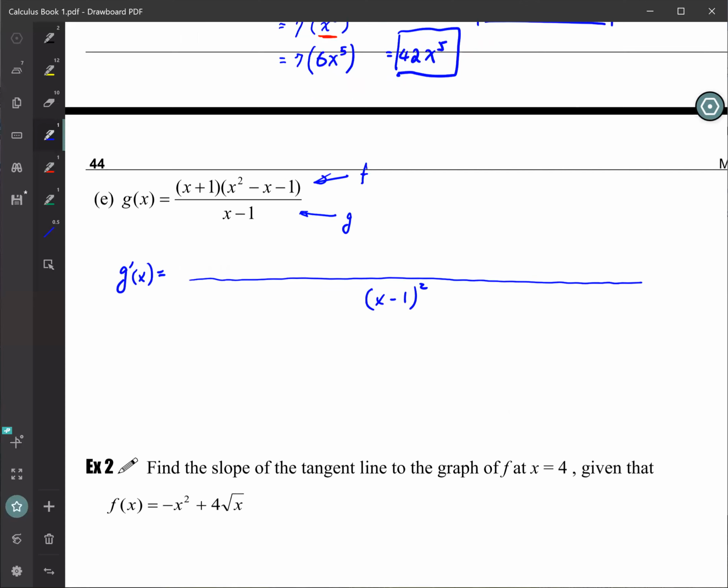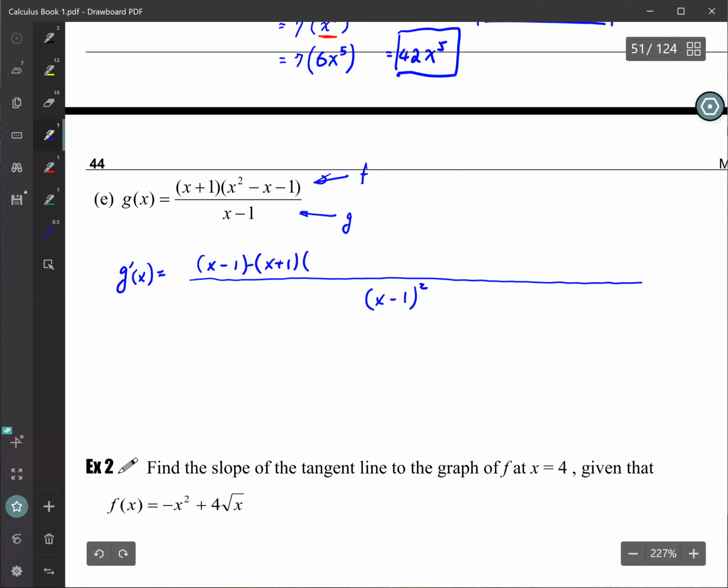I got bracket x minus 1, bracket minus bracket x plus 1. Oh wait, there should be a minus between those two brackets, I think.